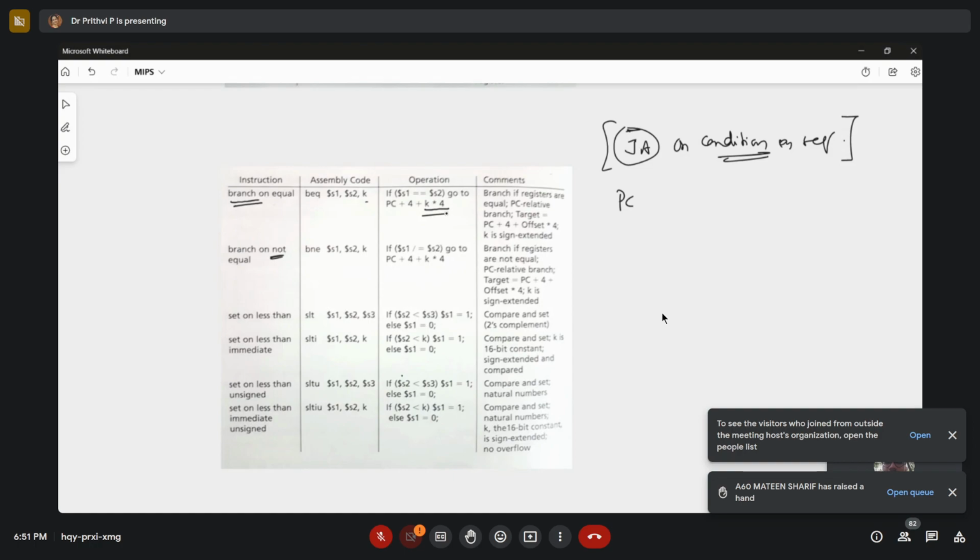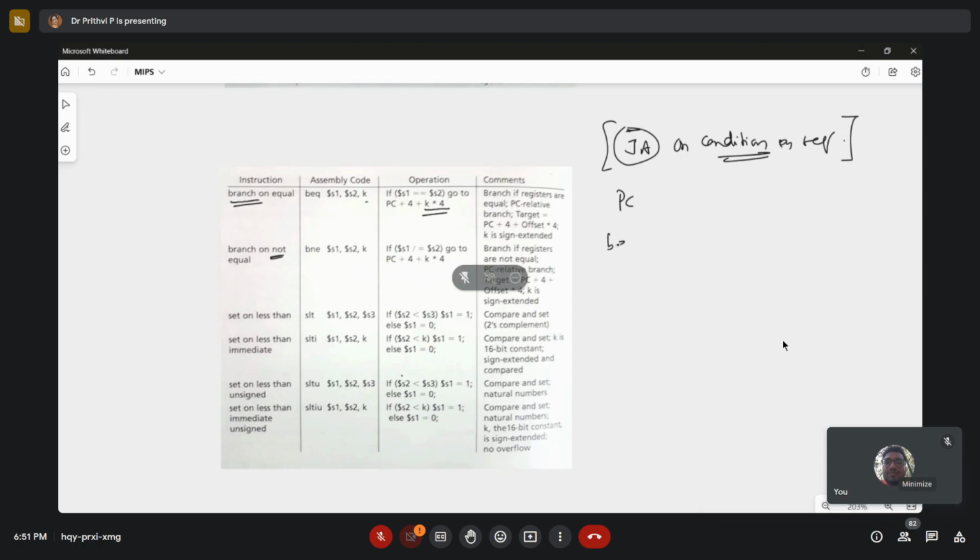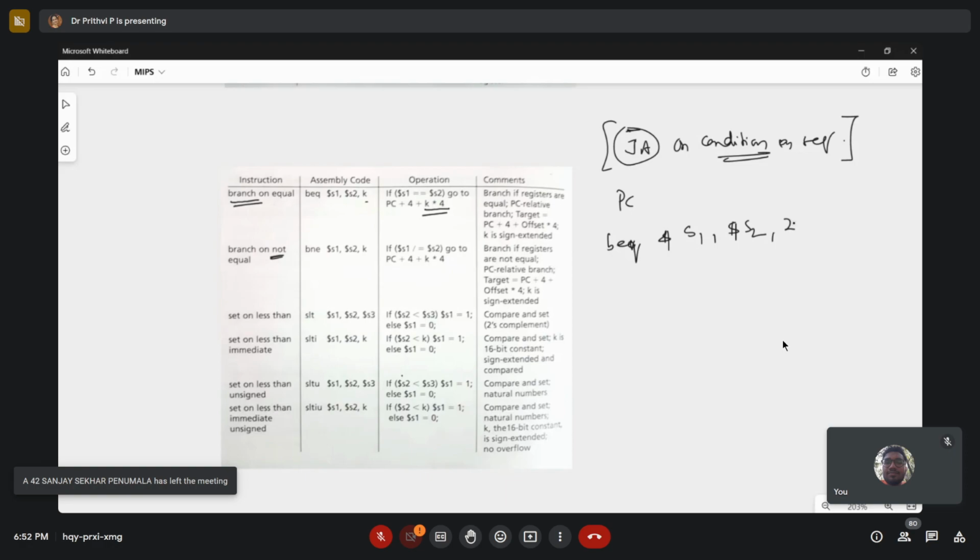Say I take an instruction of branch equal, beq on dollar s1, dollar s2, with say 25 as the data. Now if I'm performing this, it is the program counter plus 4.